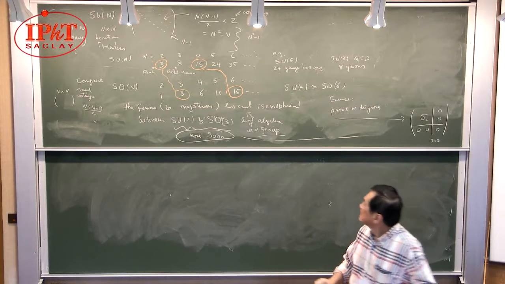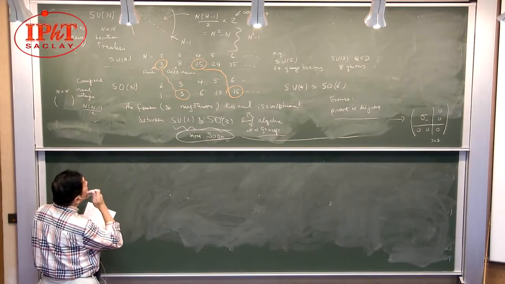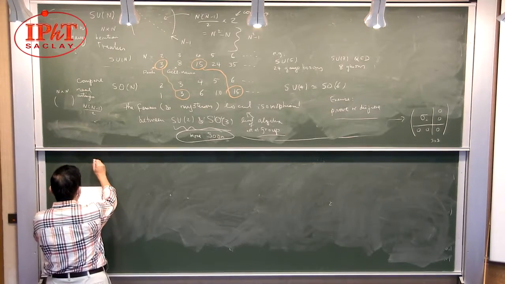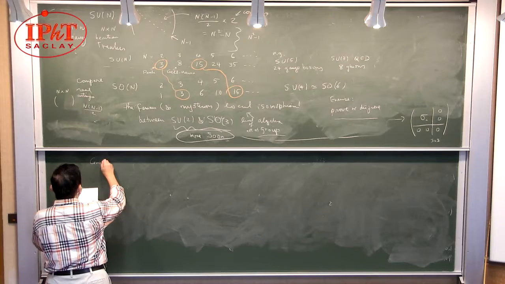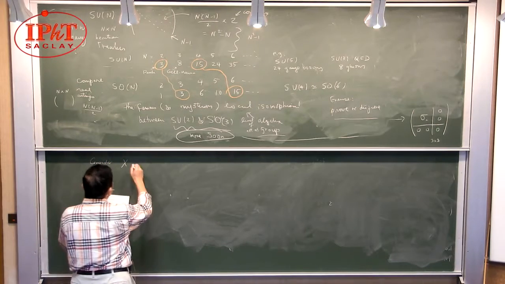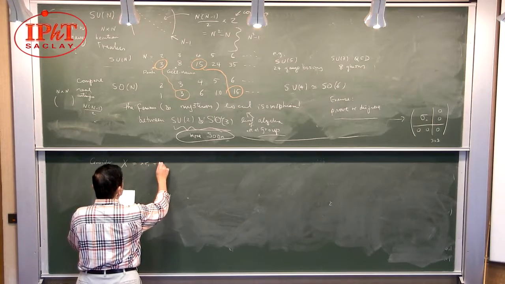Okay, so consider a matrix X, which is a linear combination of the three Pauli matrices.